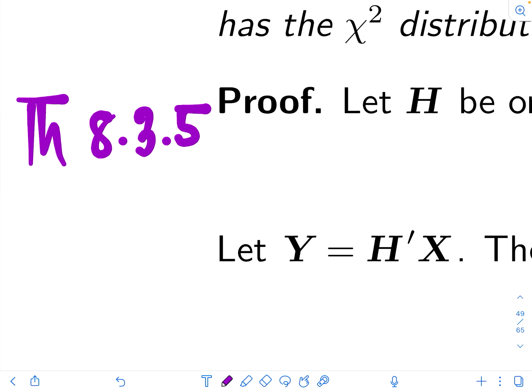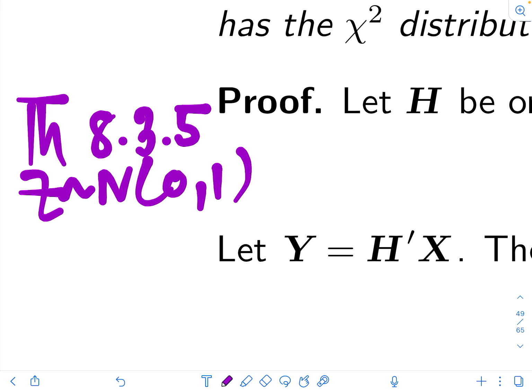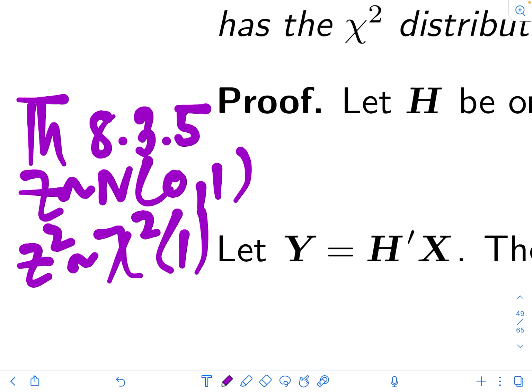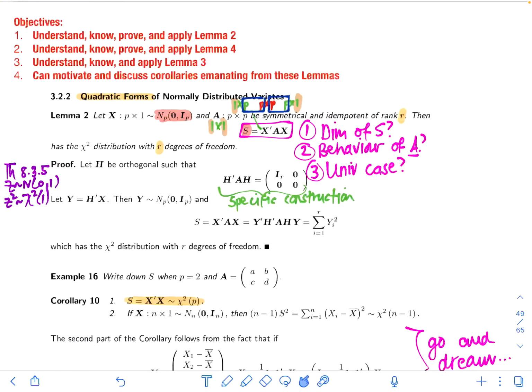This theorem told us if Z is standard normal, then Z squared will be chi-square with 1 degree of freedom. Maybe you can recall this. If not, please go and visit that theorem again.